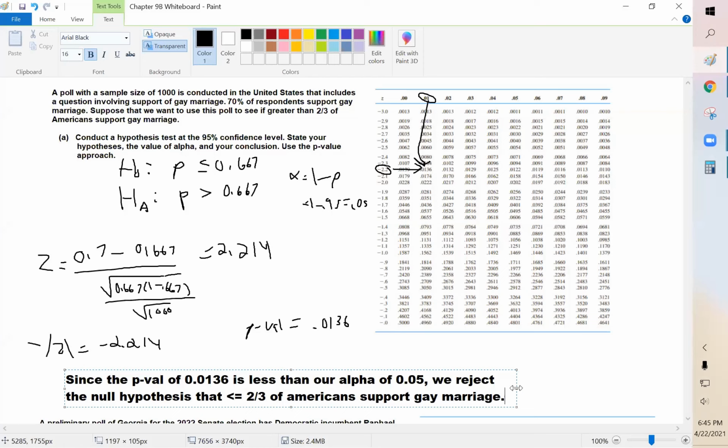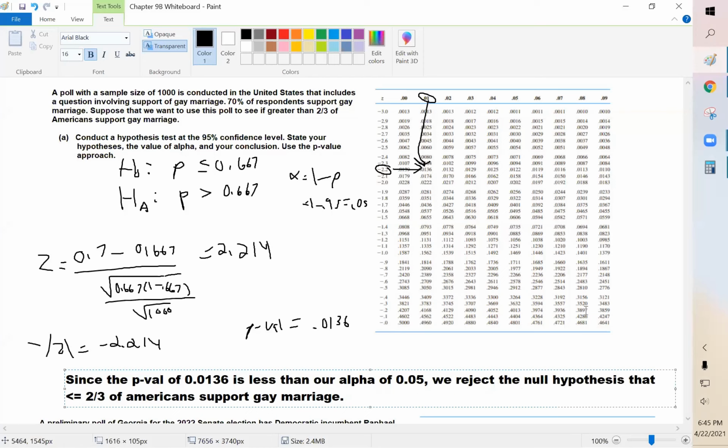Hence, and so therefore, if we reject the null, we're accepting the alternative. So hence, we can say that more than 2/3 of Americans support gay marriage.